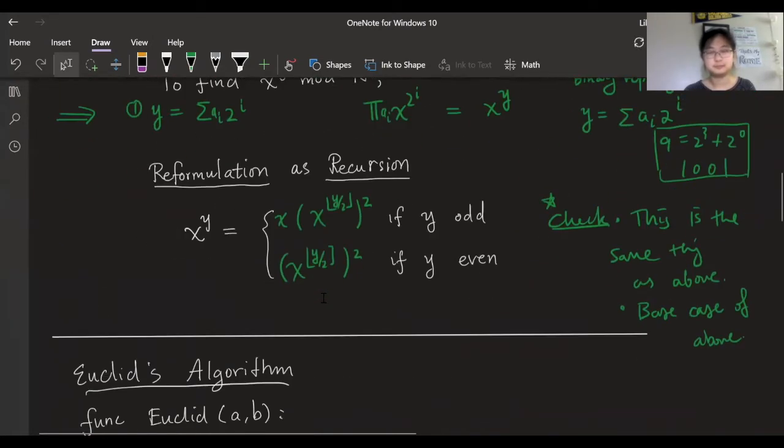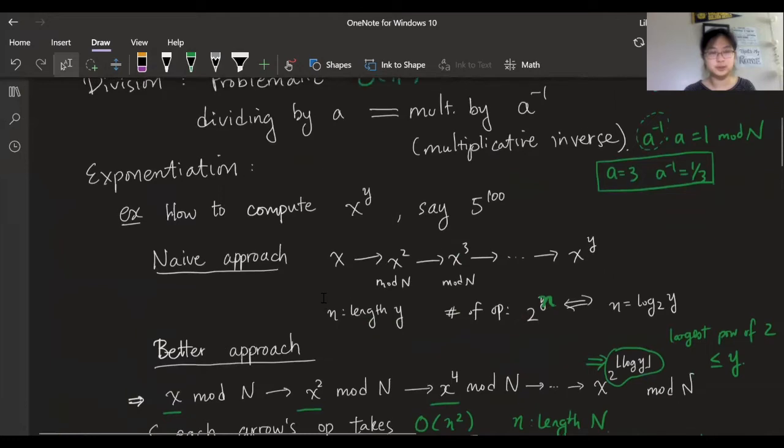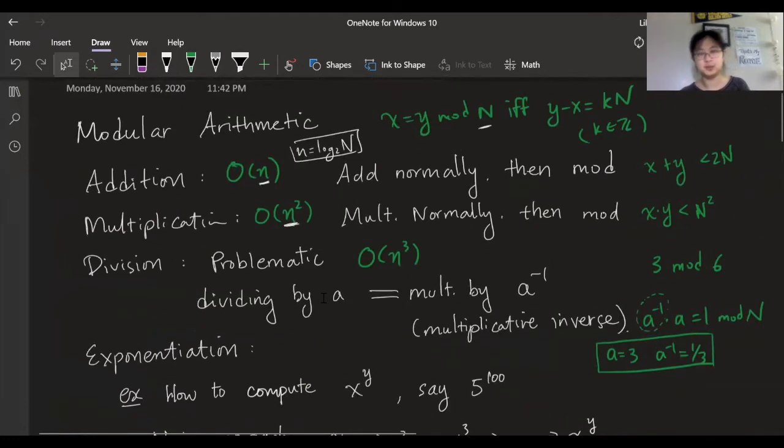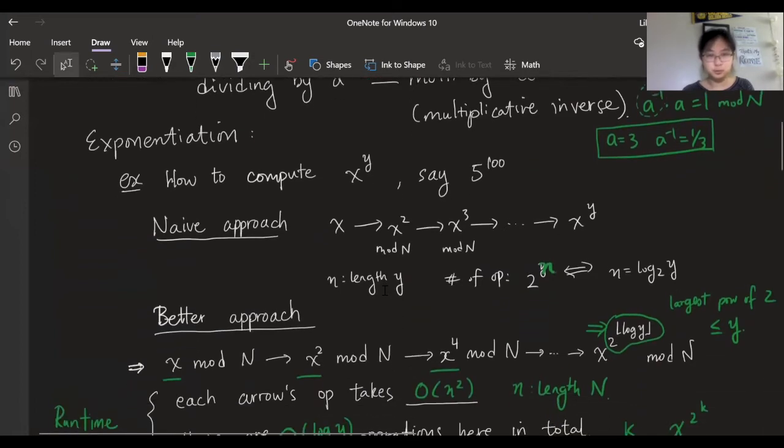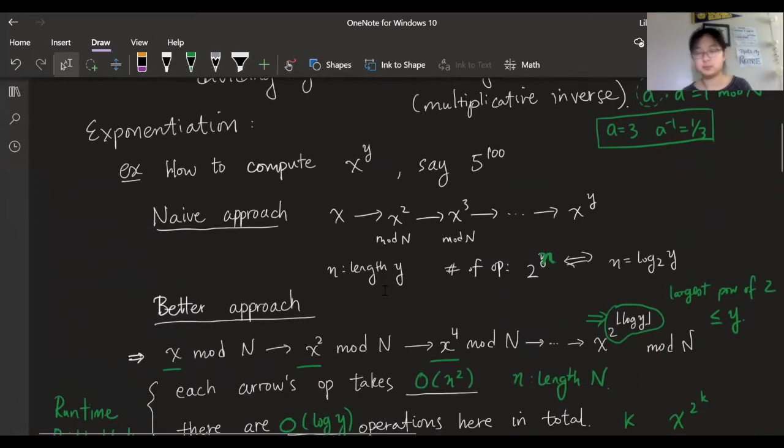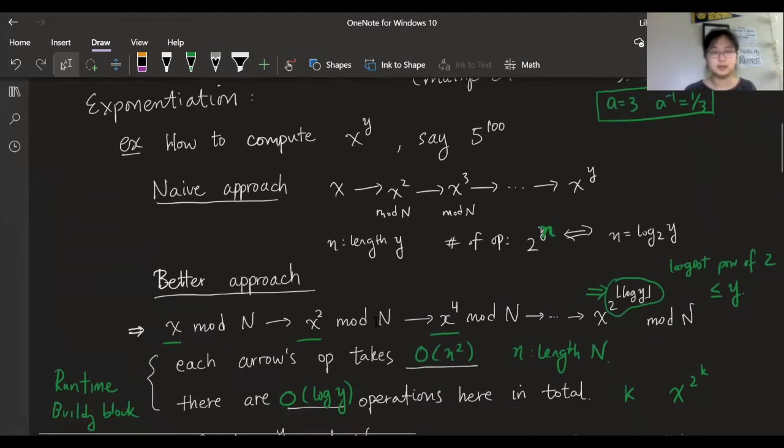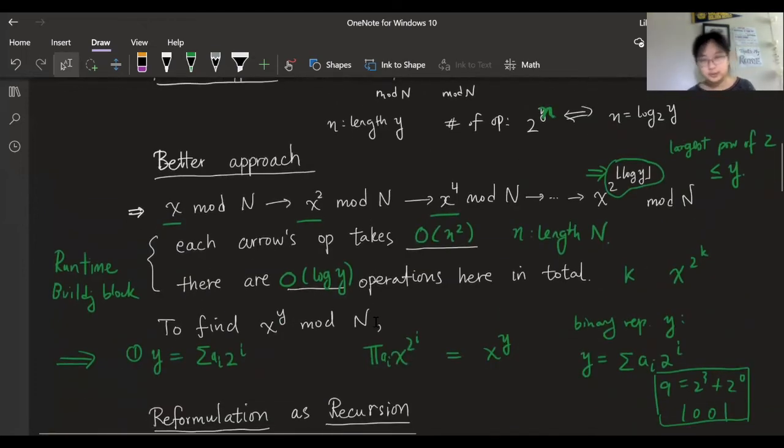Awesome. All right, so that concludes our discussion of trying to find an efficient algorithm for exponentiation. Just to recap, our naive approach of multiplying another copy of x one at a time failed because the number of operations we're doing is exponential in the length of our exponent. Okay, and we fixed this by squaring each time so that we don't have to do as many operations.